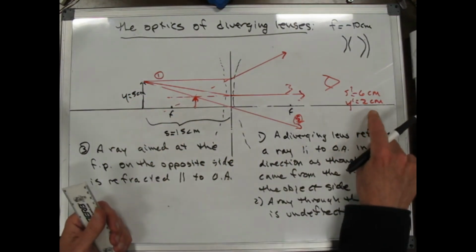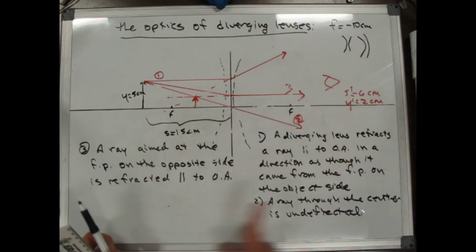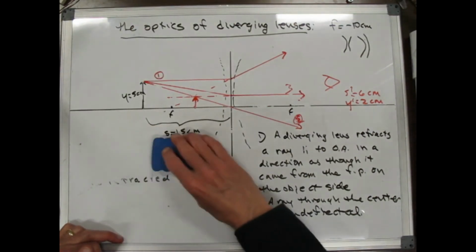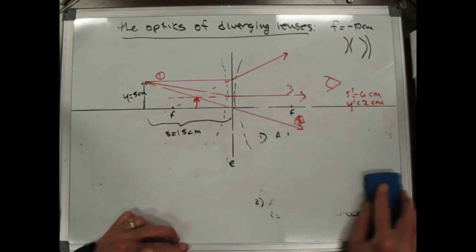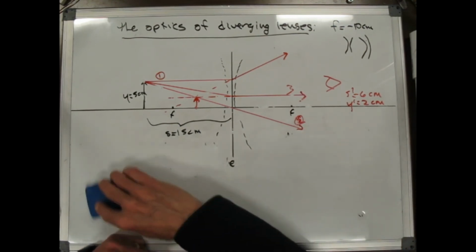And so we should be able to check these numbers by doing our little calculation with our focal length and stuff like that. So I'm going to erase these guys really quickly here. Maybe not as quickly as I'd like. Right.